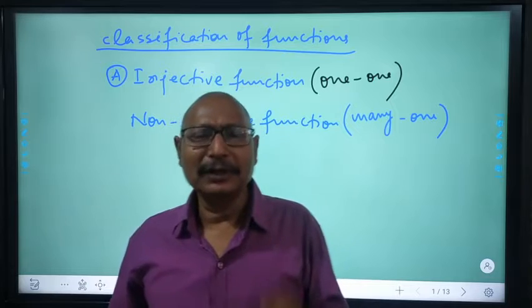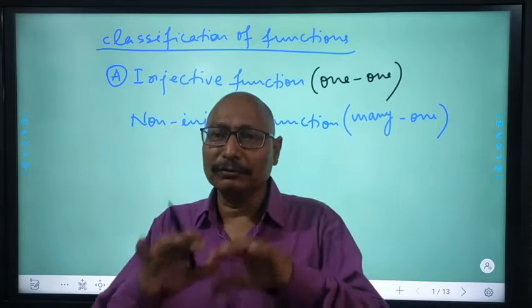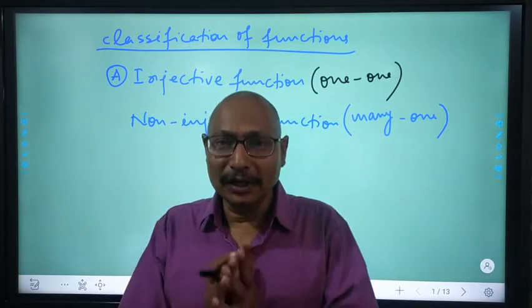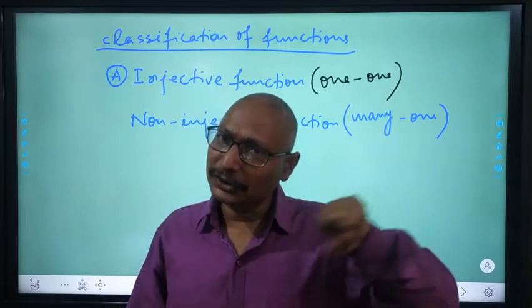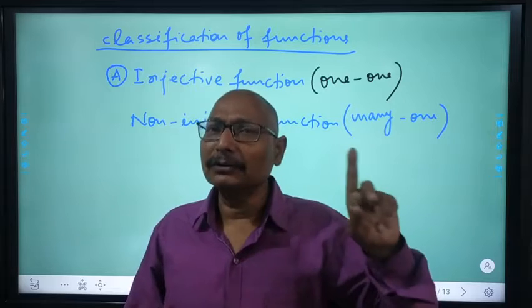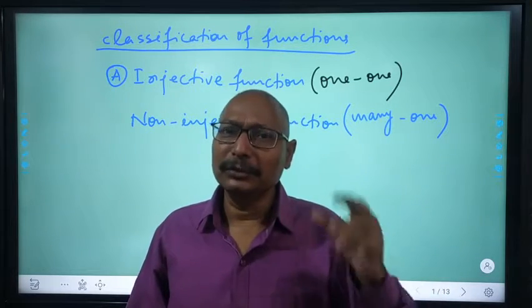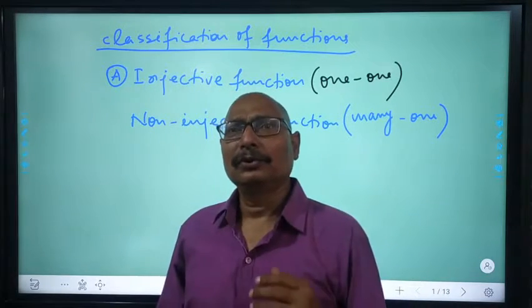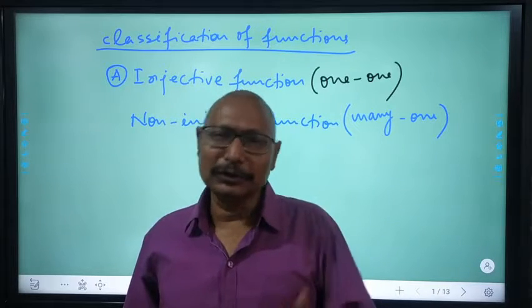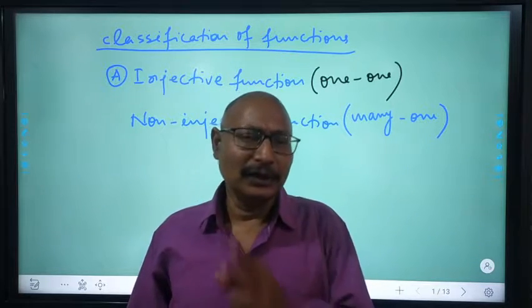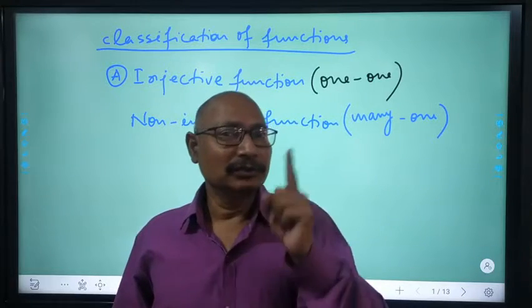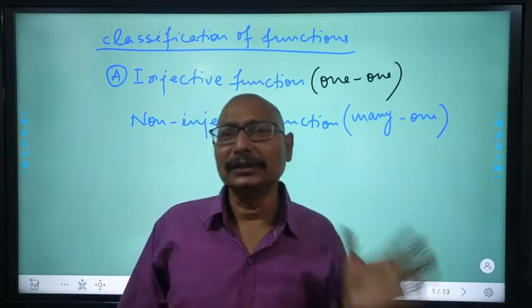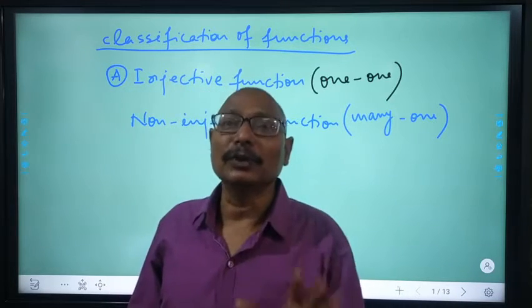But whenever two or more elements of the domain, the first set, are associated with the same image in the codomain, then we say this function is many-to-one.